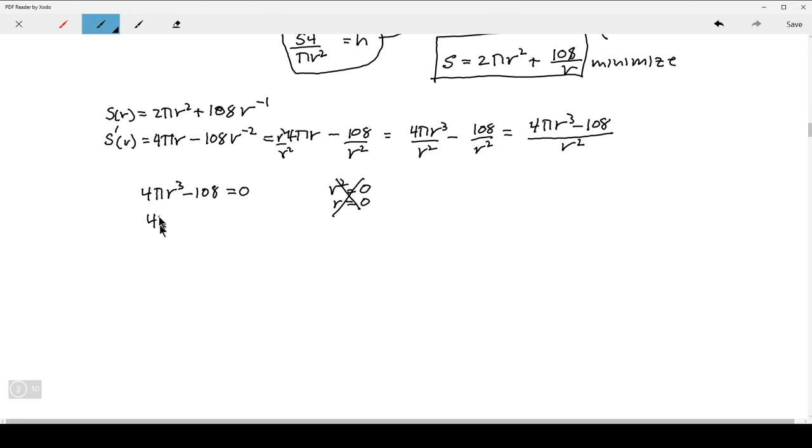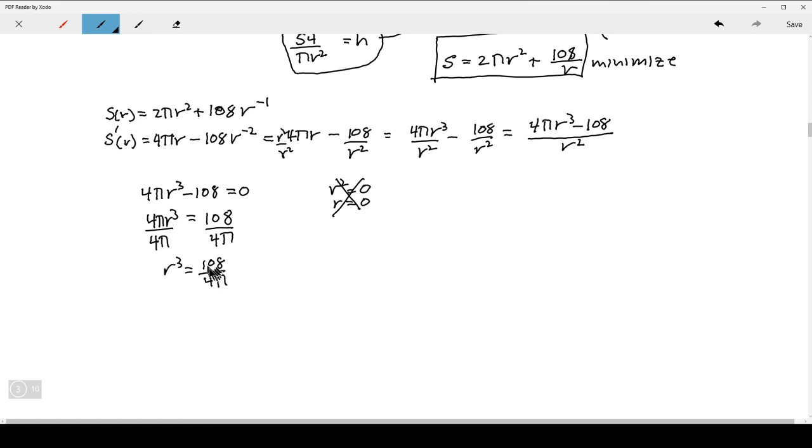So 4 pi r to the third equals 108, add 108 to both sides. I divide both sides by 4 pi. R to the third equals 108 over 4 pi.